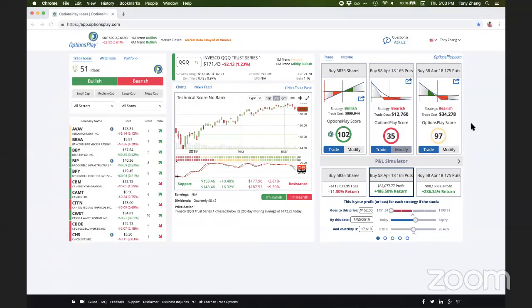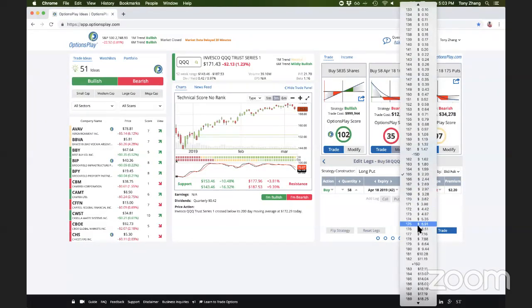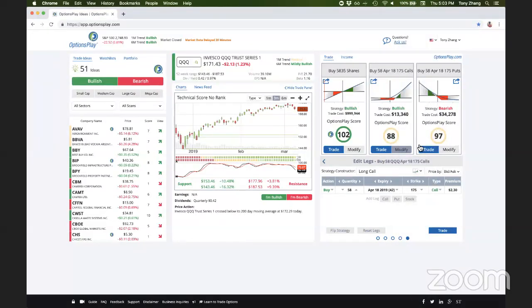So just to reiterate what Ian means by this, let's say I'm going to buy this April 18th 175 put. What I can do then is at the same time maybe sell a 175 call. So instead of costing $34,000, I'm actually going to take in roughly $13,000 in income.